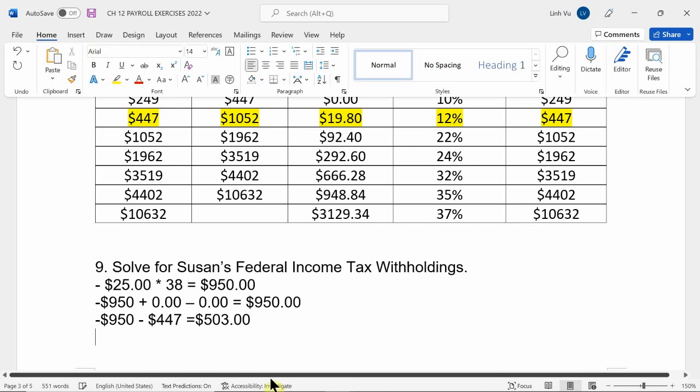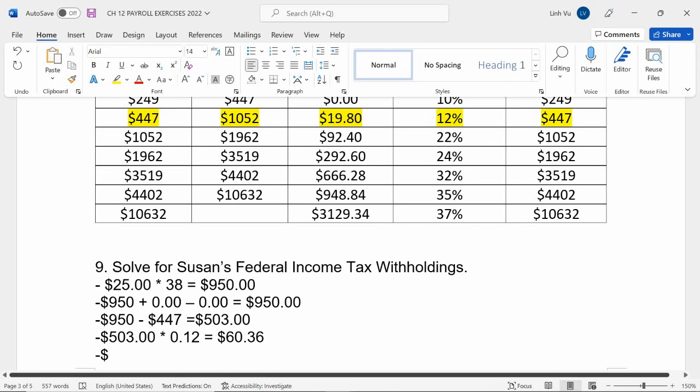That 503 times 12% will be $60.36. Plus what else?